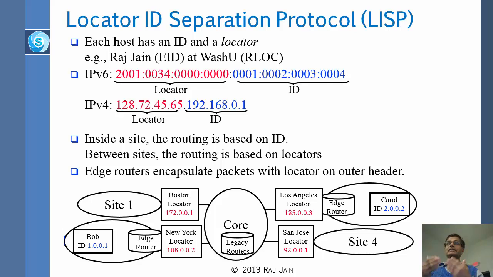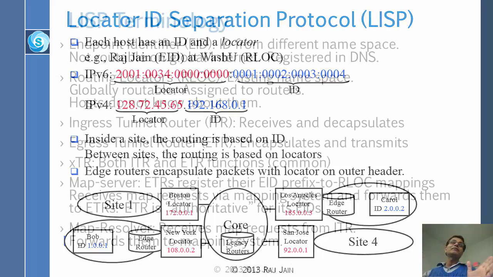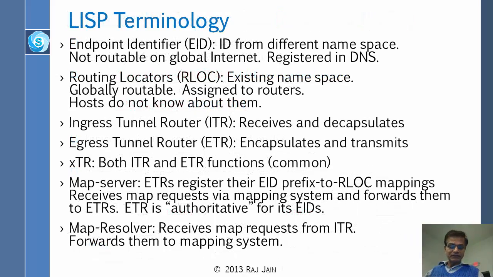The ITR function is a receiving function. The ETR function is a sending out into the world function. They could be in the same box, they could be in different boxes. So those are the names of the functions. ITR and ETR. XTR is when you have both ITR and ETR in the same box.